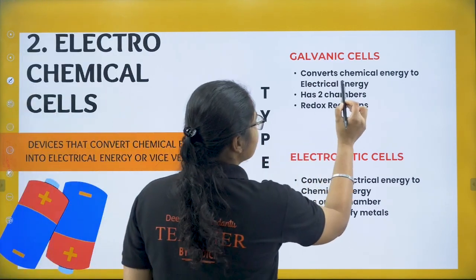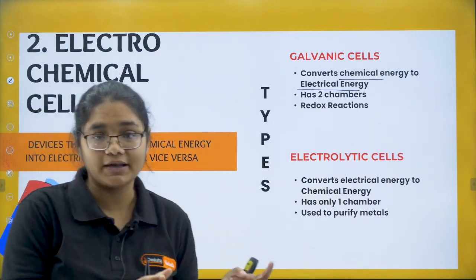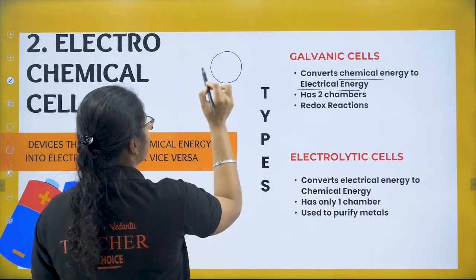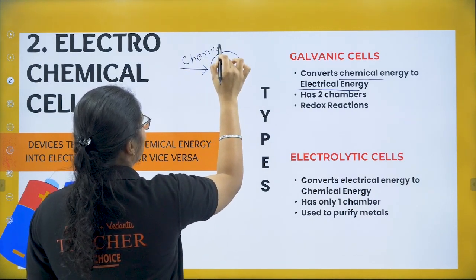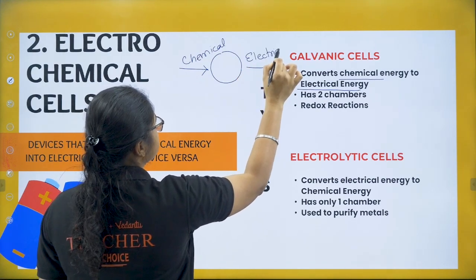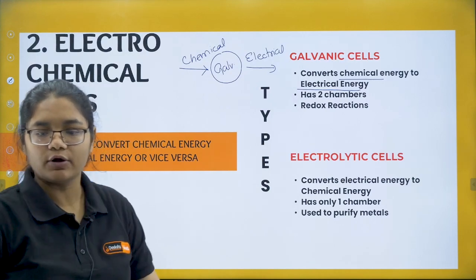The galvanic cell converts chemical energy to electrical energy. So just imagine like this, we have something here, you gave chemical energy, and it gave you electrical energy. Then what is this device? This is a galvanic cell. I hope this is clear, you got it.